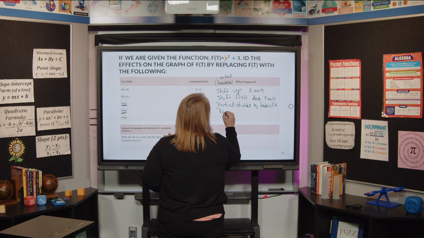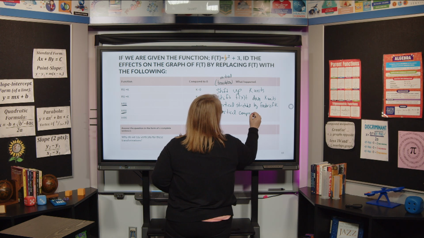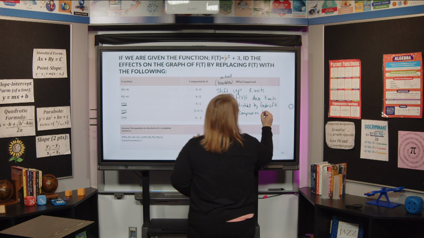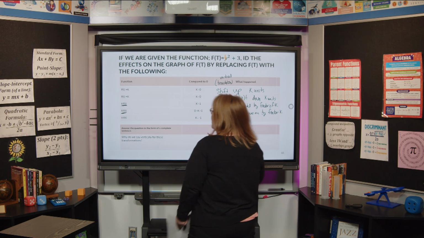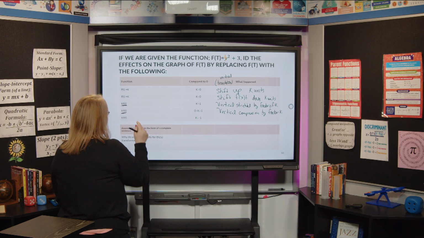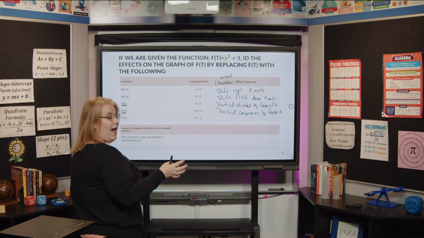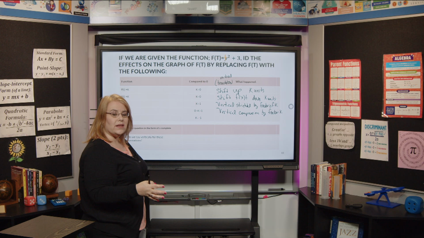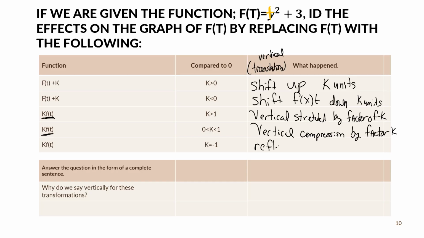I'm doing a vertical compression by the factor of k. Now look at this last one. I'm multiplying by k, but k is a -1. What happens when I'm multiplying by that -1? I'm reflecting. So I would reflect over the x-axis. Good job.